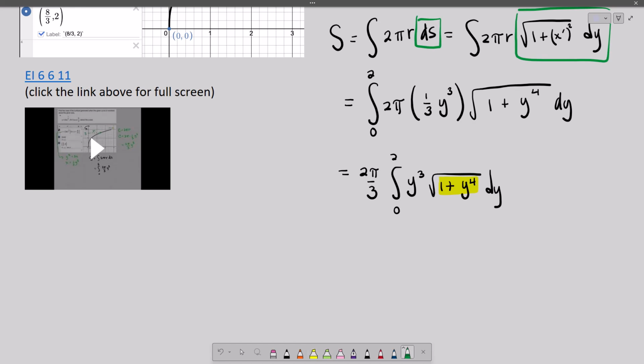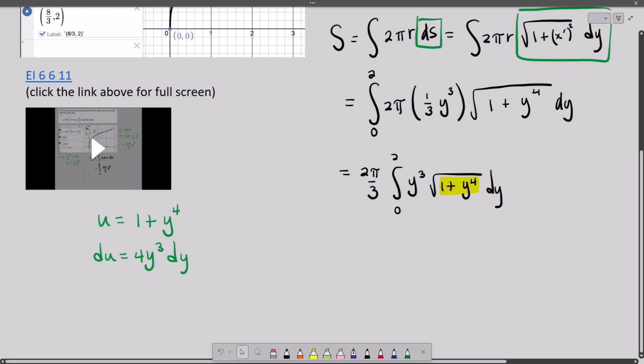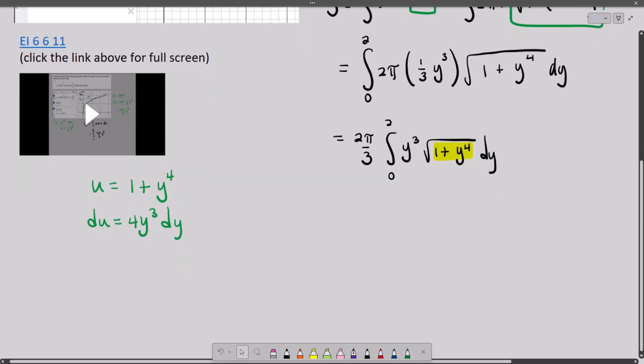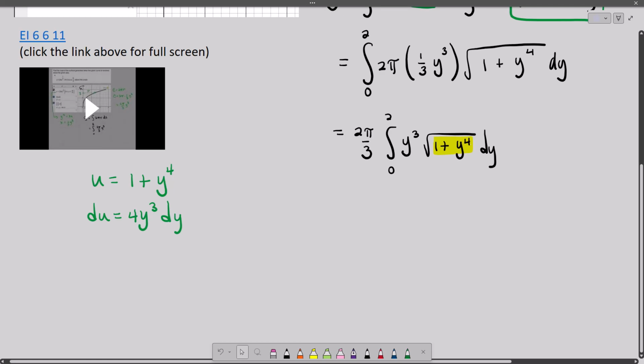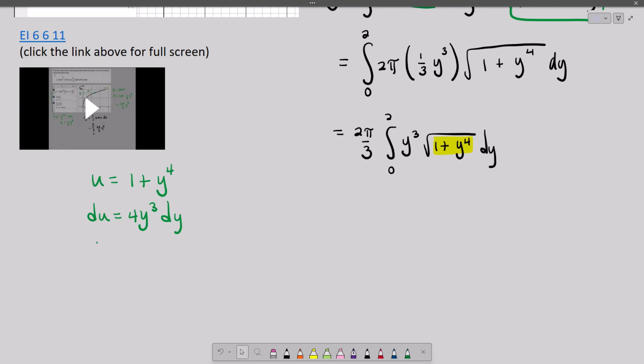So we're going to let u be 1 plus y raised to the 4th power. We take the derivative of both sides here. We get that. When we look over at our integrand, we see a y cubed dy. So we could isolate y cubed dy here, writing y cubed dy as du divided by 4.